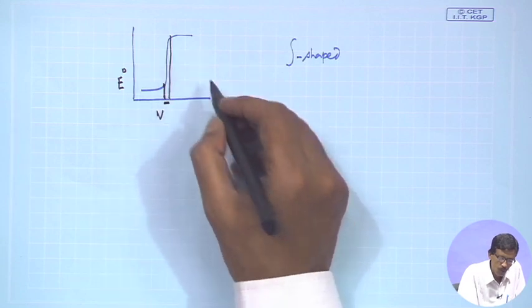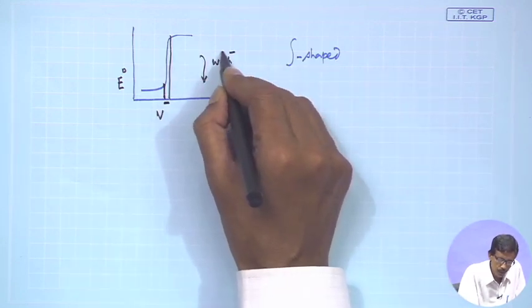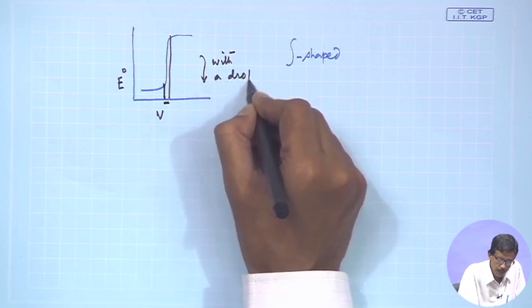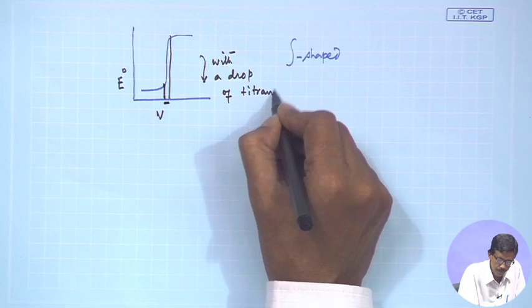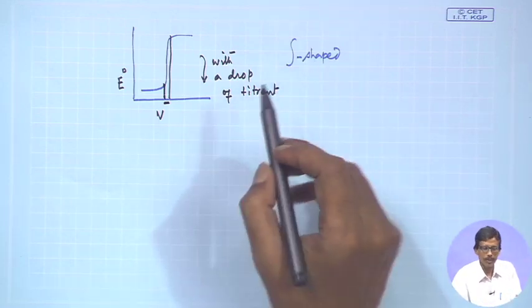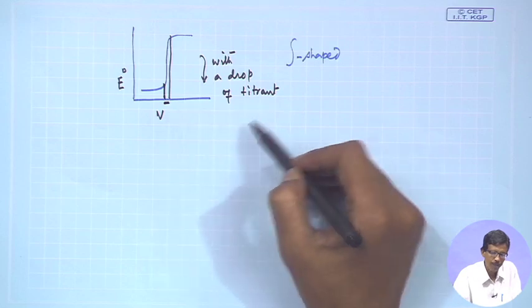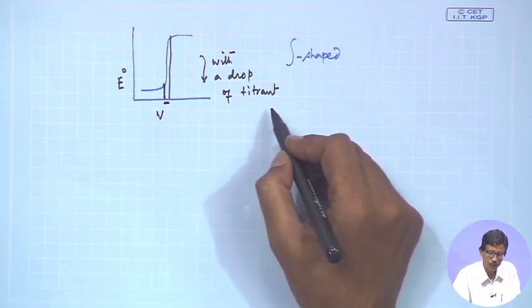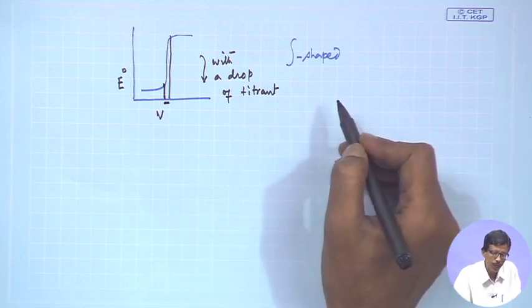So, as we always know, with a drop of titrant in a colorimetric titration at the end point, there is a sudden color change, say from color to colorless species or from one color to the other color.